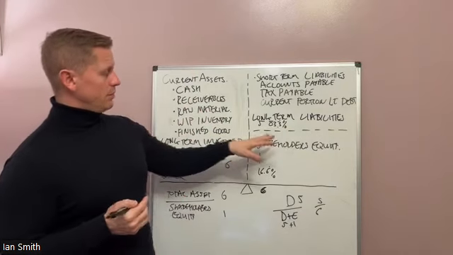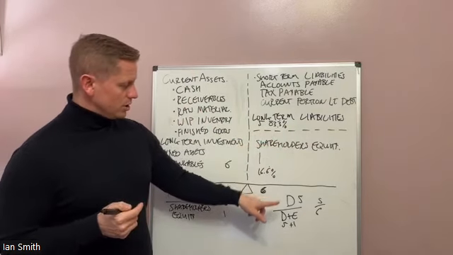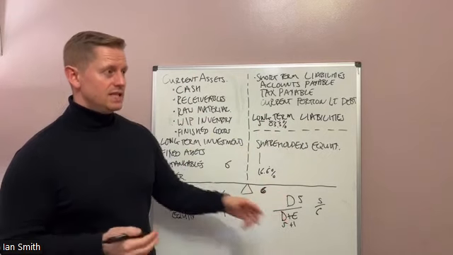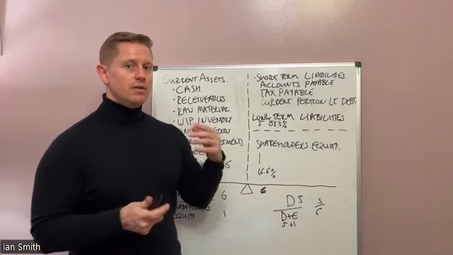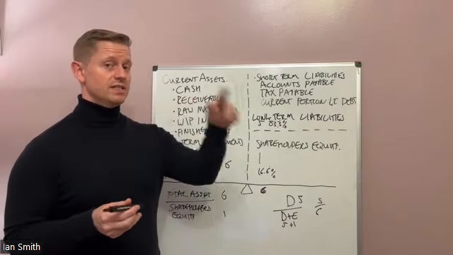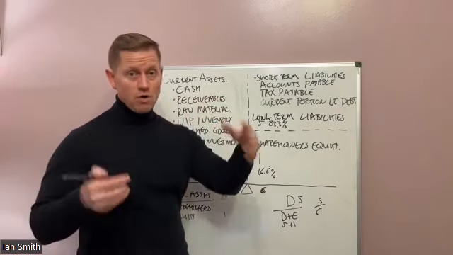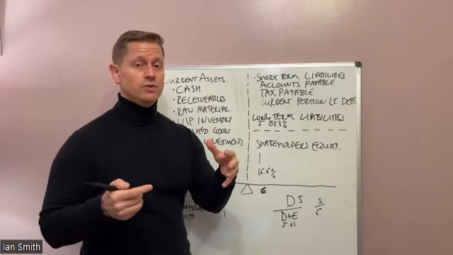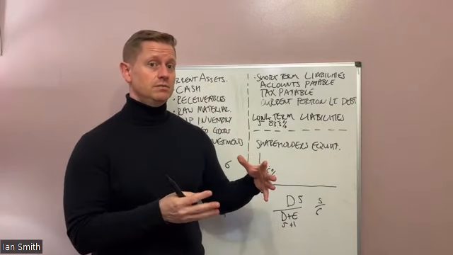But point being is, when you look at your gearing, it's a big factor in the weighted average cost of capital of a business, which is used as a discount factor to bring your forecasted future cash flows to the present value.